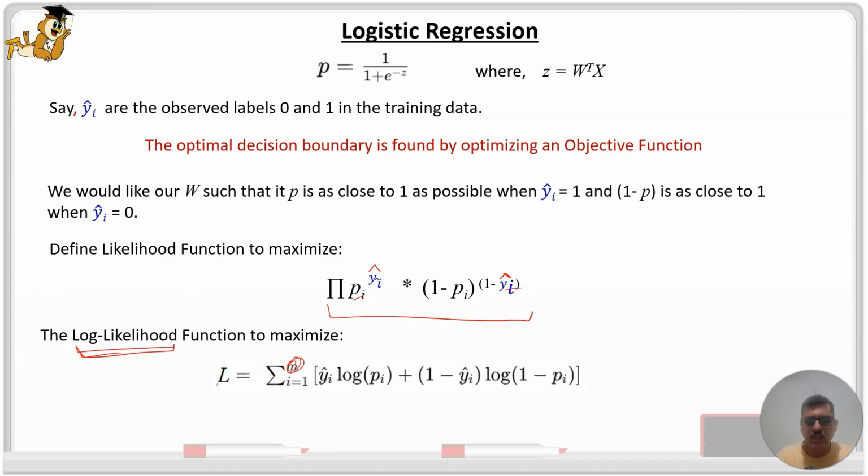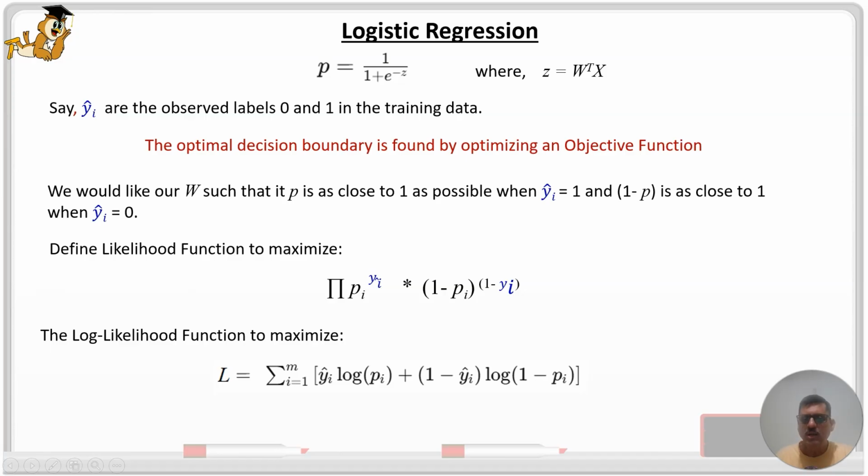Assume that there are m training points, and you just take the log of what's in here, and the log of what's in here is simply Y hat of I log of P of I plus 1 minus Y hat of I times log of 1 minus P of I. And again, this quantity is what you would like to maximize. You've just taken the log over here. Instead of maximizing this quantity, we are simplifying things. We are taking a log and saying that maximizing this is the same thing as maximizing the log of that quantity. Okay.